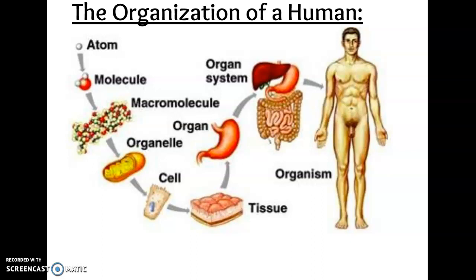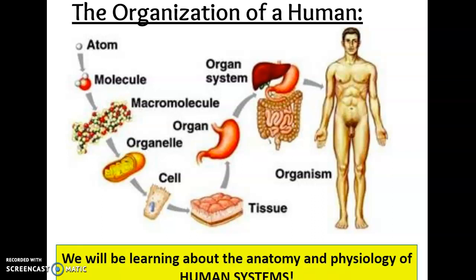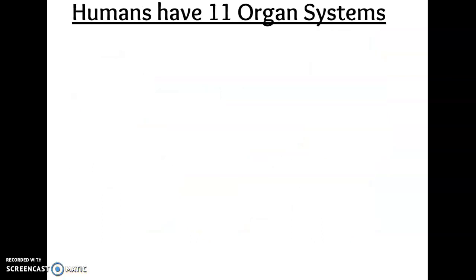So the cell is the most basic part of life, the smallest unit of life. And each of those cells can be put together to create a tissue, which creates different organs, which then creates different organ systems, and coming together to create an organism as a whole. So we're going to be learning about the anatomy and physiology of human systems.